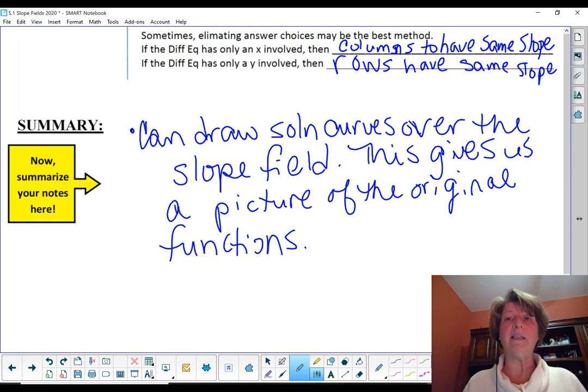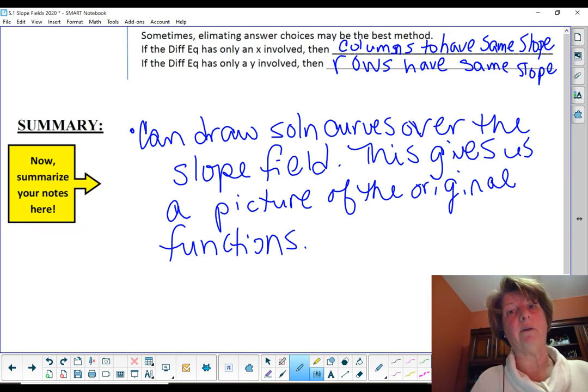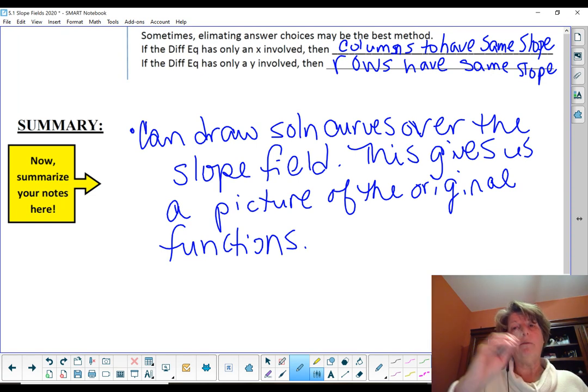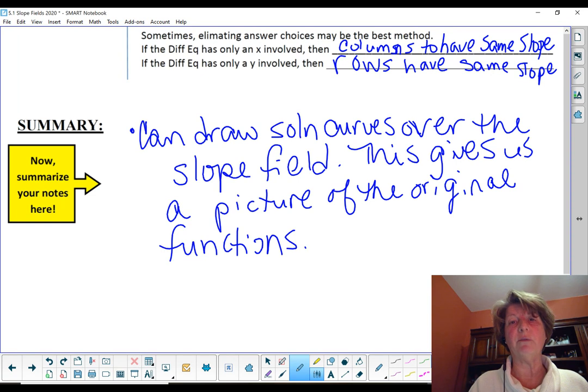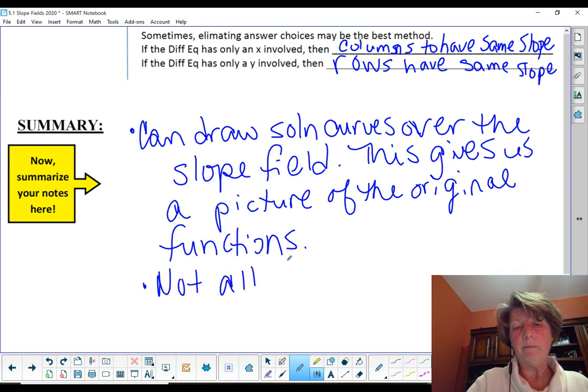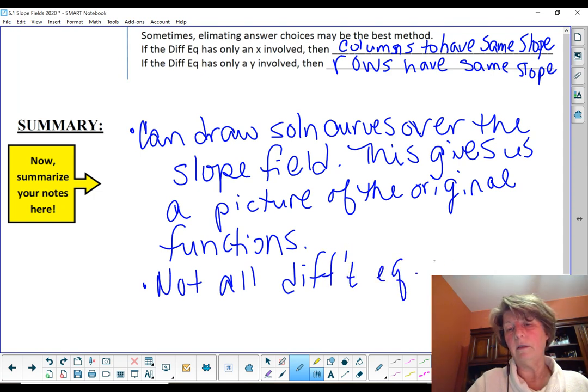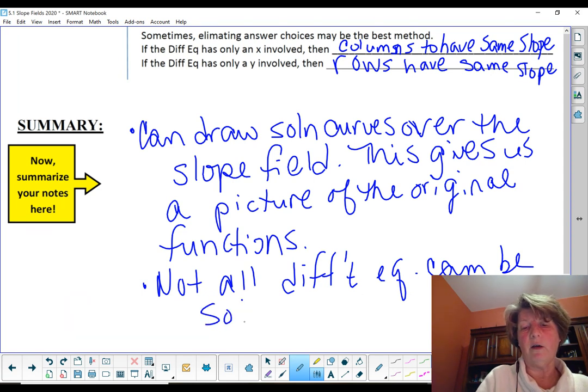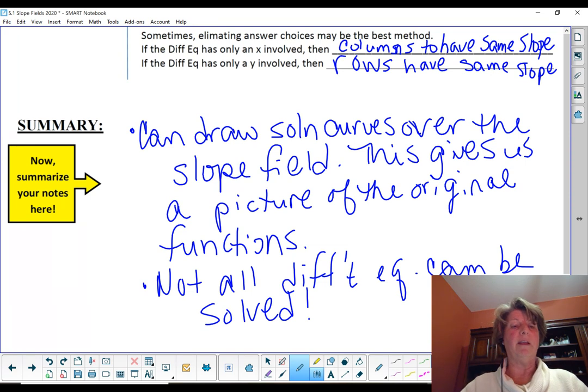So sometimes drawing these slope fields, because we have the differential equation, we can draw the slopes, and then we can draw in the solution curve that can give us insight into what the original function looks like. Another thing is not all differential equations can be solved. So sometimes the best we can do are these slope fields.